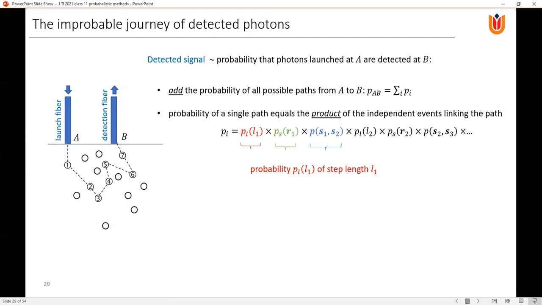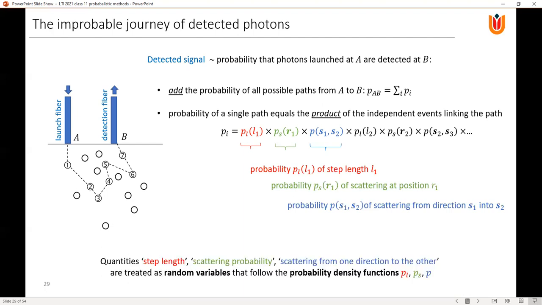So if we just follow the photon, we have a probability of traveling a length L1 to the first particle. Then there is the probability of scattering at R1. Then there is the probability of scattering from the direction corresponding to L1 into the direction that would bring it to L2.